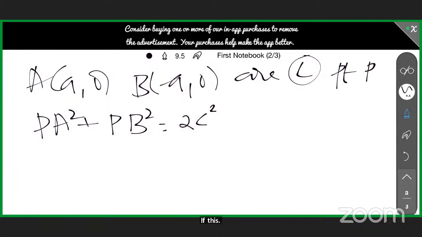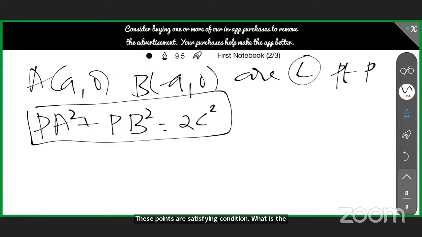Listen carefully. Points A and B are a comma 0 and minus a comma 0, two points. The point P satisfies the condition PA square plus PB square is equal to 2c square, and you have to find the locus of this equation. So first what you should do is take P as x comma y.